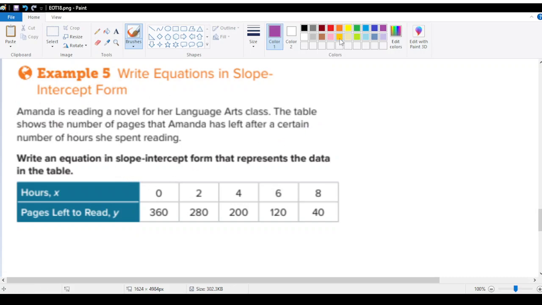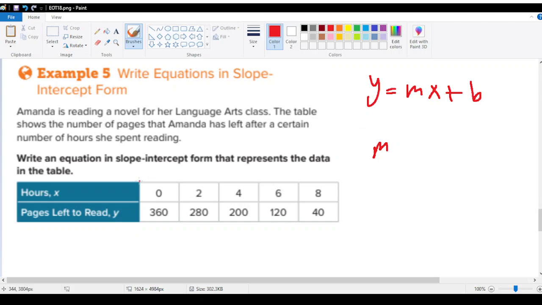Okay, can you read the question, Shamsa? Amanda is reading a novel for her language arts class. The table shows the number of pages that Amanda has left after a certain number of hours she spent reading. Okay. So write an equation in slope intercept form that represents the data in the table.